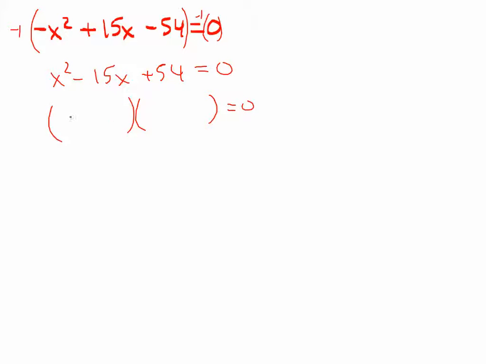Only way to get an x squared is x times x. Only way to get a positive 54, but you add it together to give you negative 15. Alright, negative 6 and a negative 9, is that right?